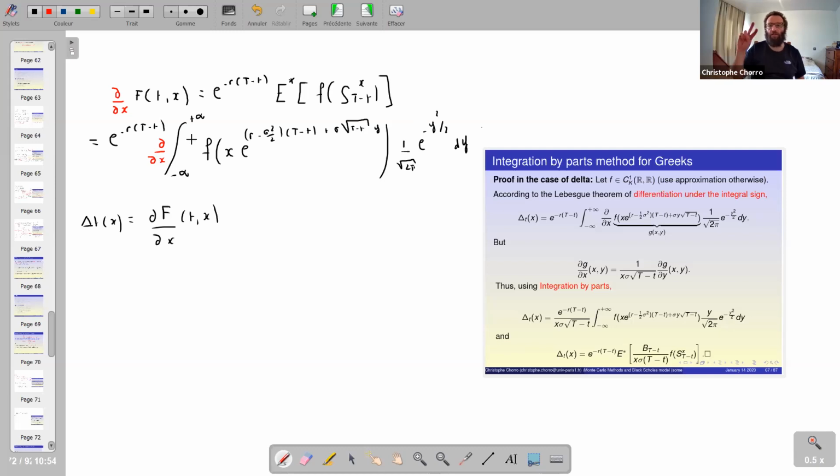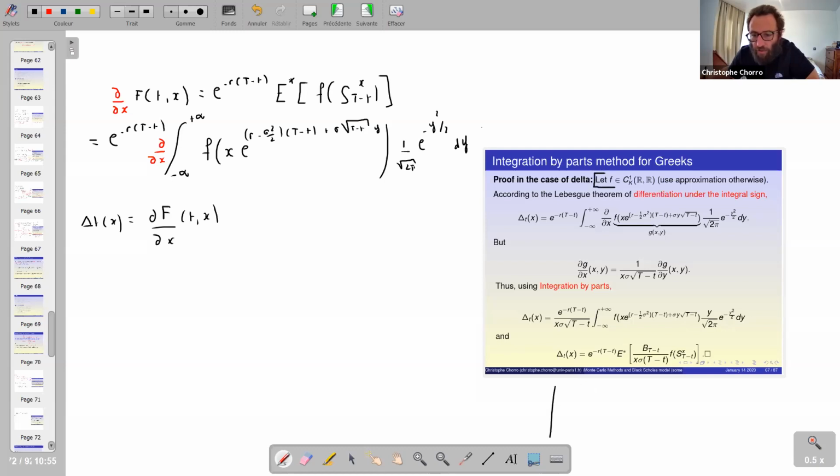So the idea is to invert between them, okay? But in order to invert, it's the Lebesgue type theorem that will allow me to use this. I need to suppose that what I have inside is regular. So I will do the proof in 2 steps. First step: I suppose that f is very regular.